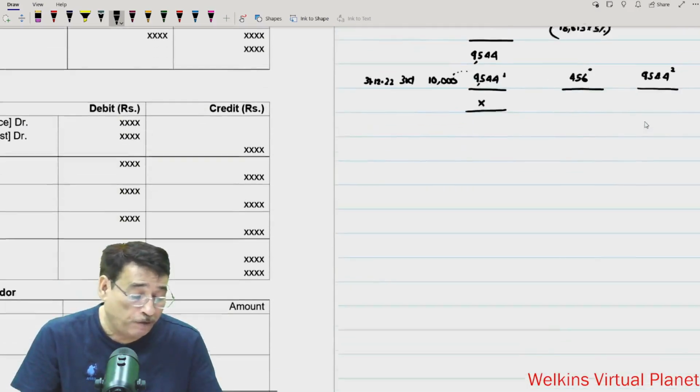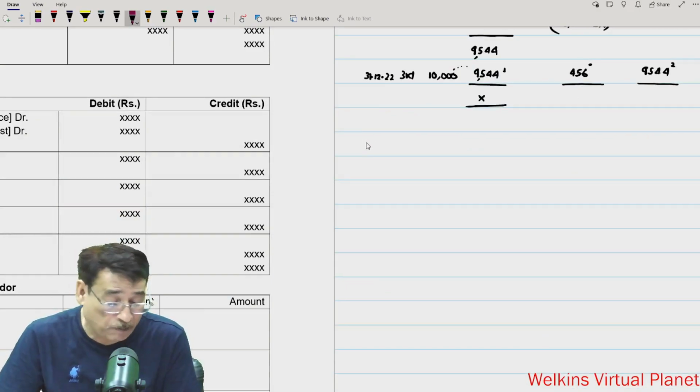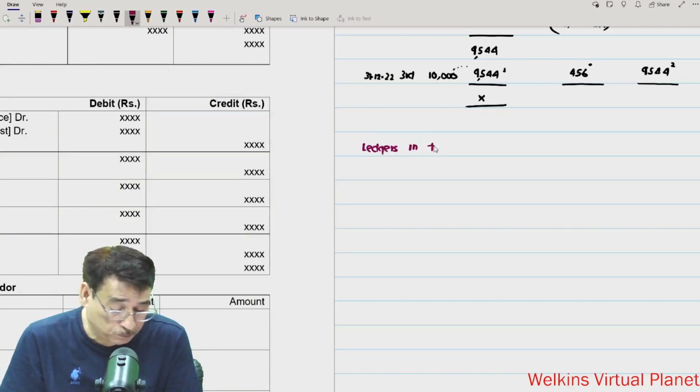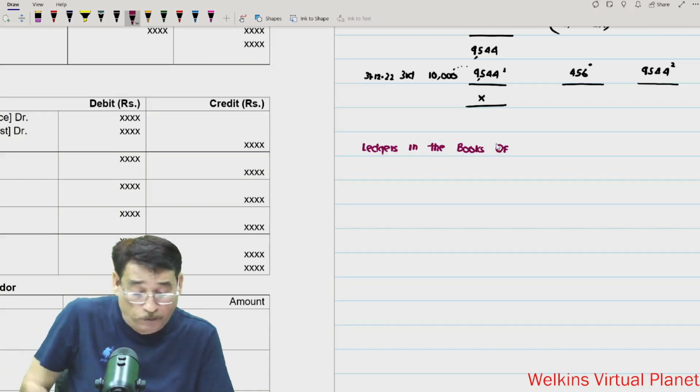Now, we will learn the ledger accounting, in the books of ledgers, how ledgers are prepared, correct? Ledgers, in the books of purchaser.